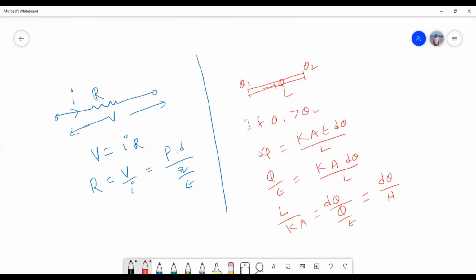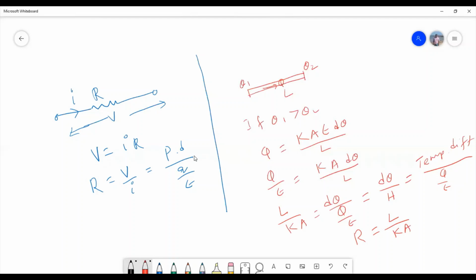So that means temperature difference by the rate of flow of energy, so we can say Q by t. Therefore, what is thermal resistance? In the place of this, we have R is equal to L by KA.